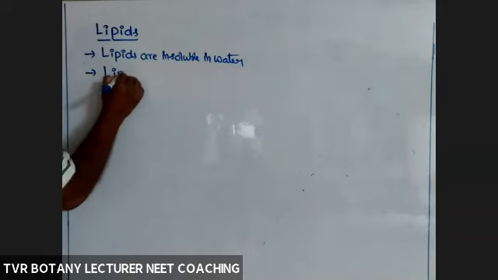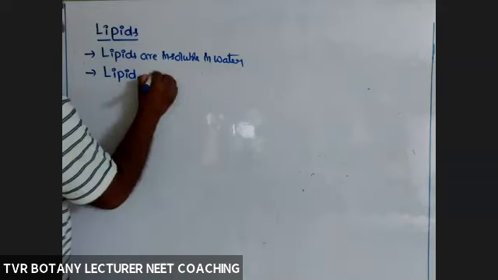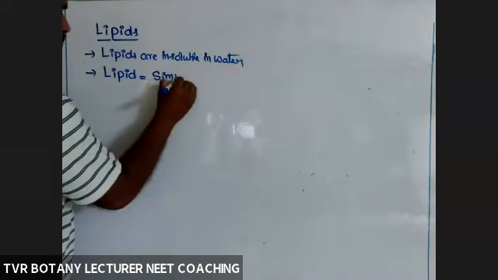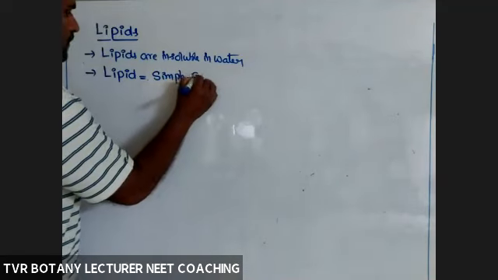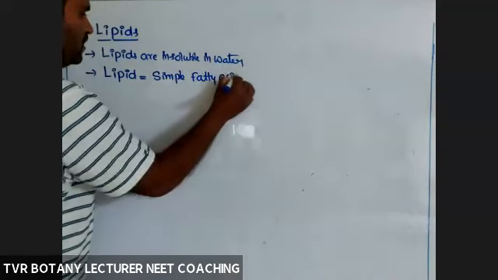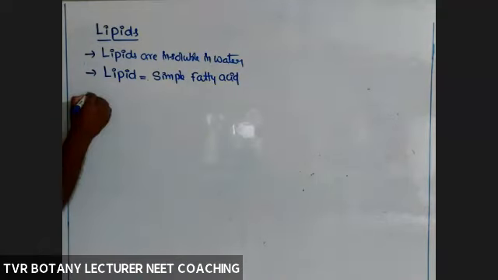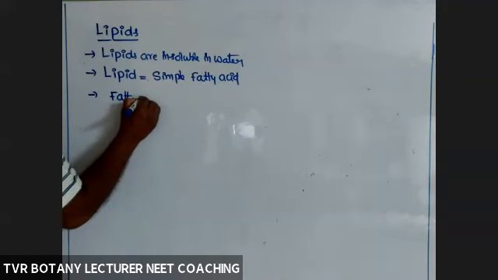Next one, what is lipid? Lipid is equal to simple fatty acid. Now the question is, what is fatty acid? According to chemistry, fatty acid is, what is fatty acid? Product of fat. Yeah, thank you.